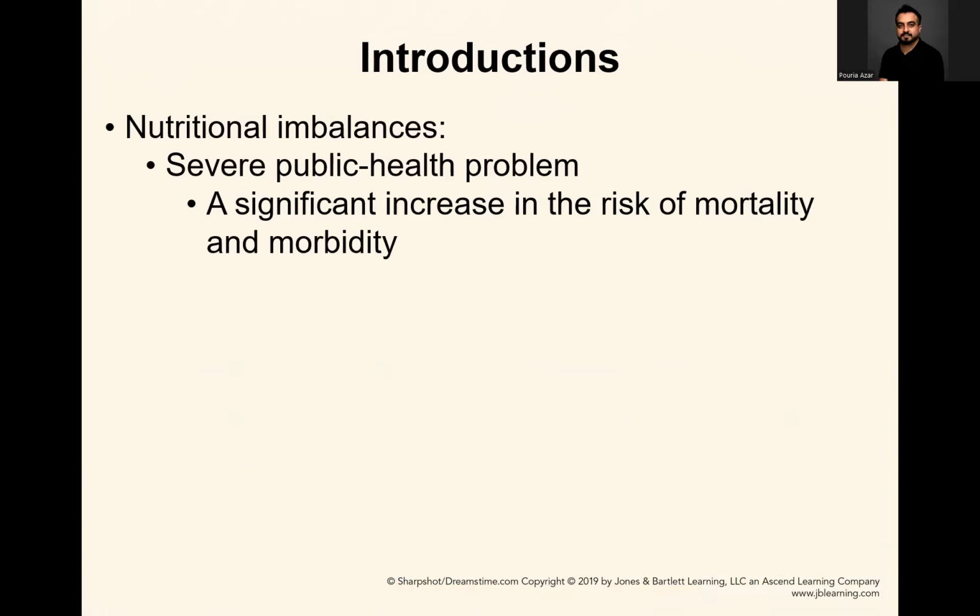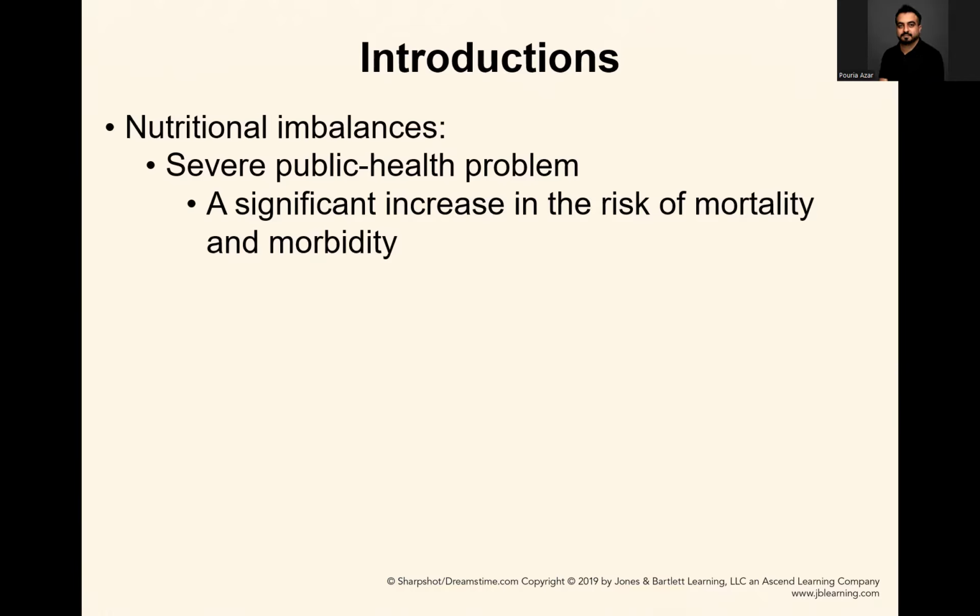But before defining nutrition assessment and nutrition screening, first we need to know about some terms and some concepts, and we are going to define them here in a few slides, and then we will dive deeper into nutrition assessment itself. So, nutritional imbalances, when we say nutritional imbalances, it means there are some deviations from optimal nutrition.